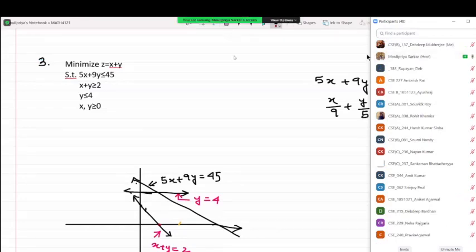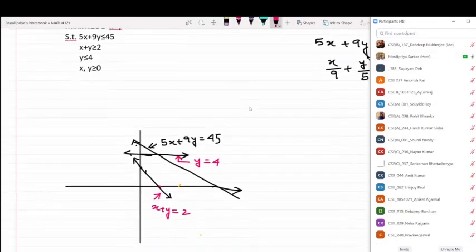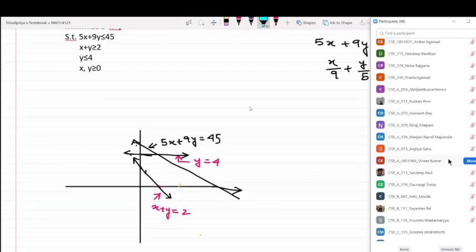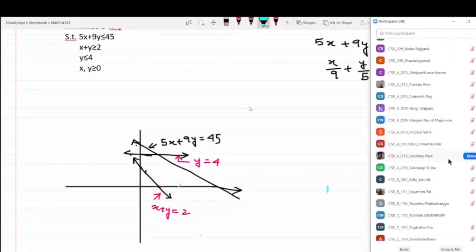Right. So which one is the feasible region in our case? Ma'am, the quadrilateral below. Yes.